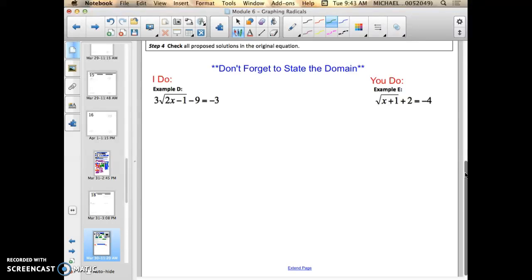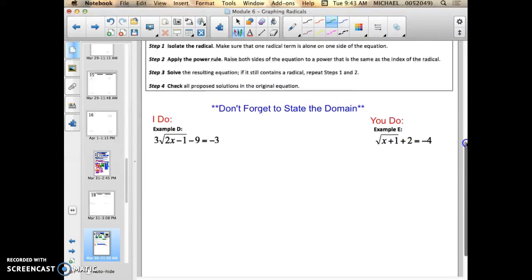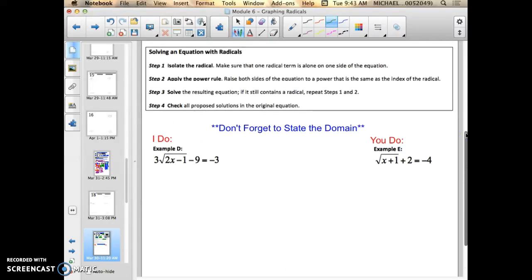And so the first thing I would do, and I've listed the steps out right here, it's a similar process as anything. In this case, the variable will typically be trapped underneath a radical. When it's that, I have to isolate the radical. That is step 1.